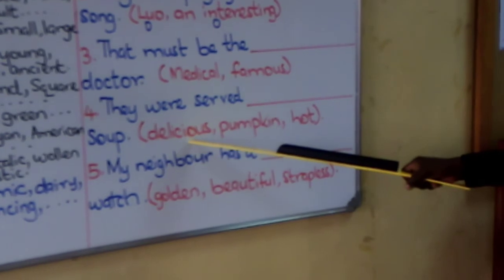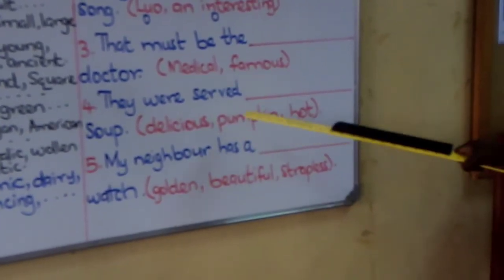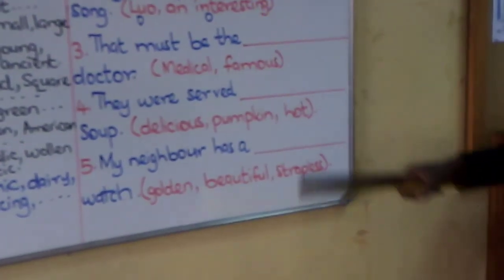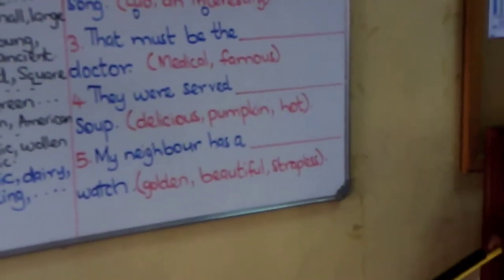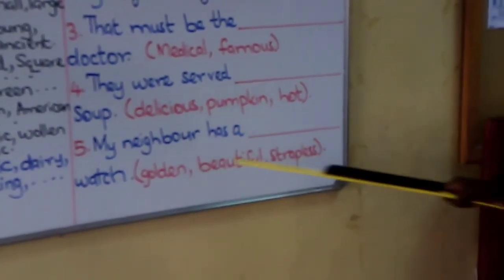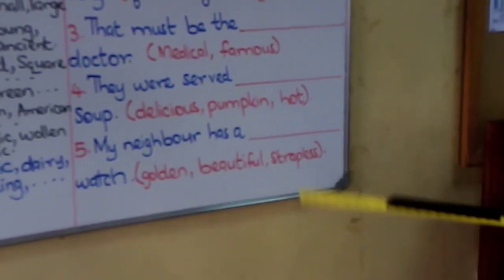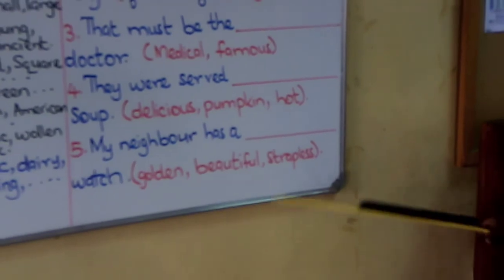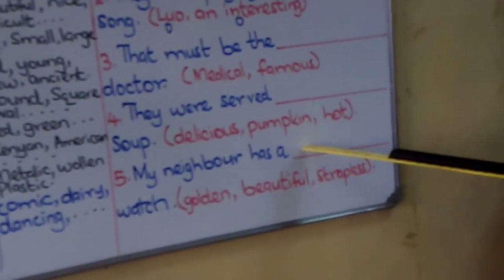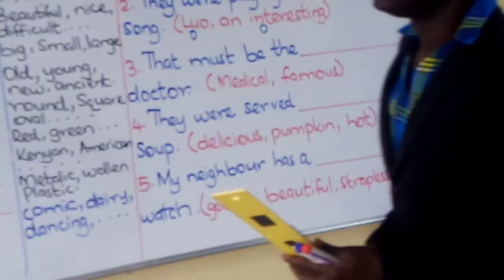There is delicious, pumpkin, hot. Again, rearrange them according to the order of adjectives and then fill in this blank space here. Then my neighbor has a dash watch. Golden, beautiful, strapless. Again, rearrange them according to the order of adjectives and fill the right order in this blank space.